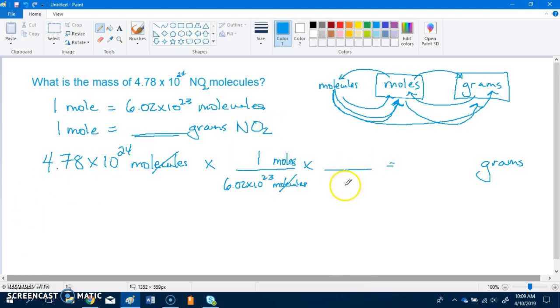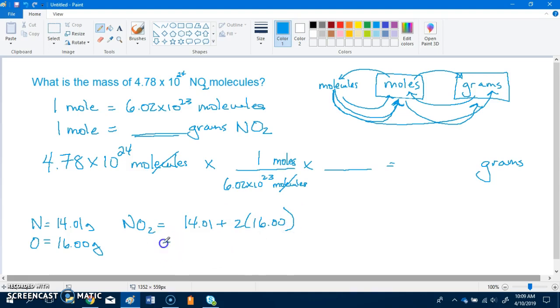So before we can put our conversion factor here, we have to look up the molar mass of nitrogen, which is 14.01 grams, and our molar mass of oxygen is 16 grams. So when we do the molar mass of NO2, it's going to be 14.01 plus 2 times 16 grams. So our total molar mass of nitrogen dioxide is 46.01 grams.